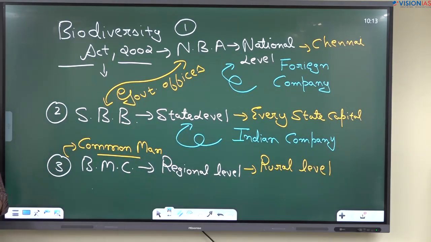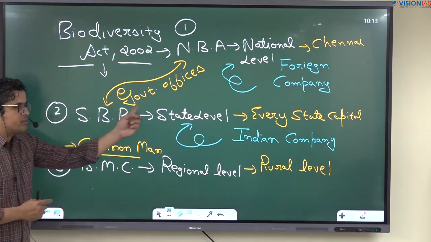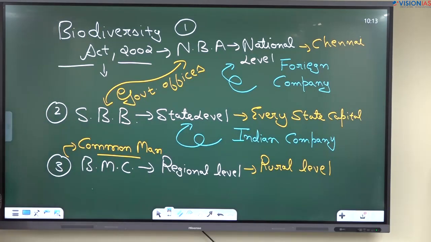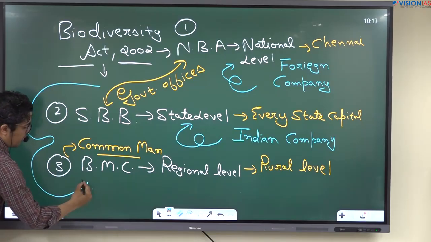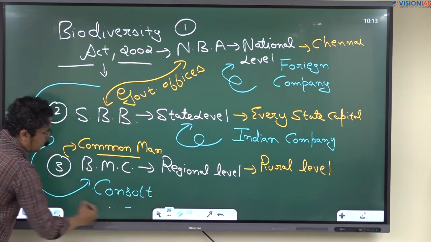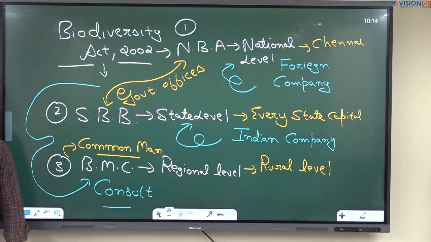State Biodiversity Board. So if it is a foreign company, they need to go to the national level organization. If it is an Indian company, they will take permission from the state level organization, because they are government offices. You need permission from the government. But both of them need to consult the local BMC before giving the permission.